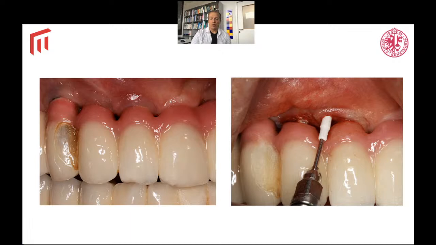These are useful to remove the hard deposits on the implant surfaces. So these are good to use for the calculus that you can sometimes find on implants, but they are not so easy to use and probably not so efficient to remove the biofilm.